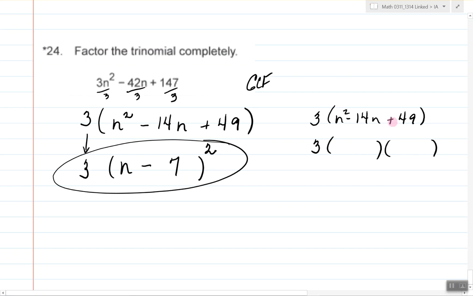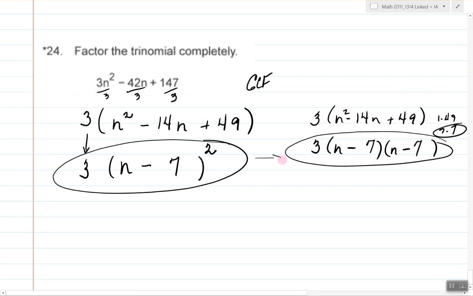The last sign is positive, so it's plus plus or minus minus. It is minus minus, n. I need factors of 49. Well, it's 1 times 49 or 7 times 7. They have to add up to be 14. That means I'll take 7 and 7. Check the outer plus the inner. It works. You could write the answer that way.